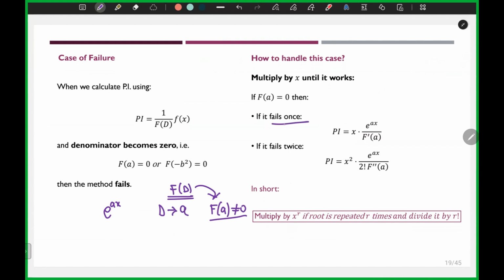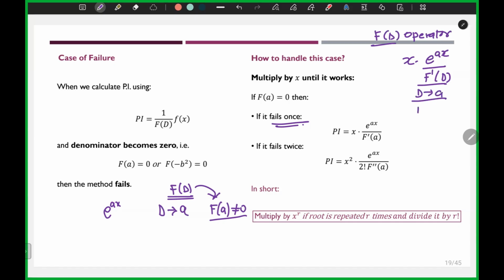If it fails once, we simply multiply by x e to the power ax, and we take the derivative of our operator f(t), replacing again D by a.